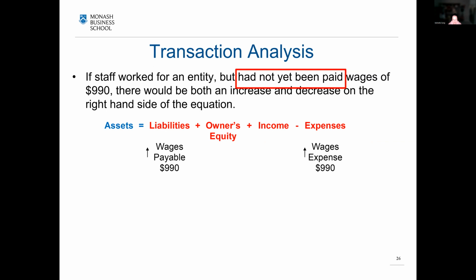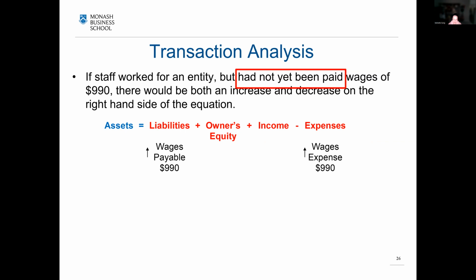The reason for that is because the economic benefits from the employee had already been consumed. The employee had to work for us, then we pay the employee for the work they have already done. If you check the definition of an asset, for an item to be recognized as an asset, it has to produce future unconsumed economic benefits.